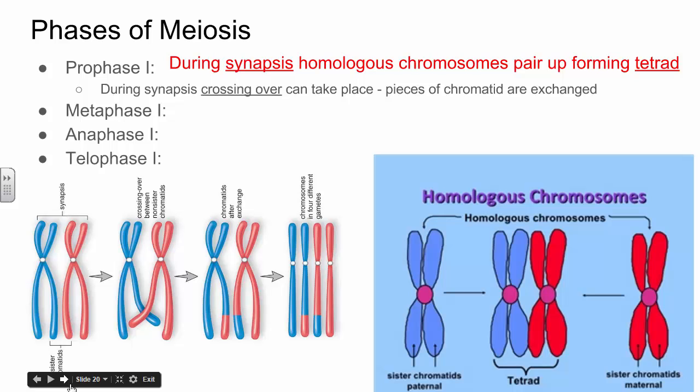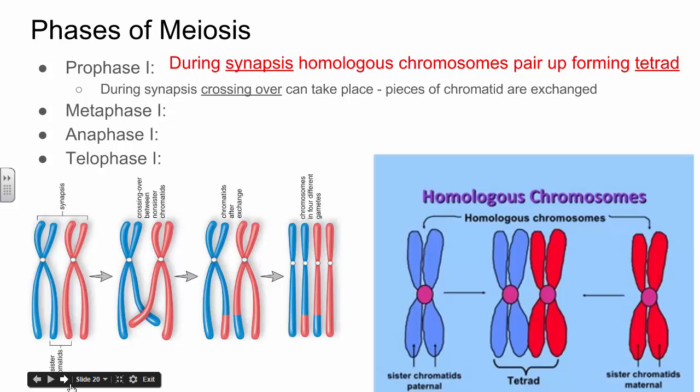This is one of the reasons that sexual reproduction can lead to an increase in variation in a species. Because you're mixing and matching pieces from two different homologous chromosomes, and that increases the variation. So that process is called crossing over.